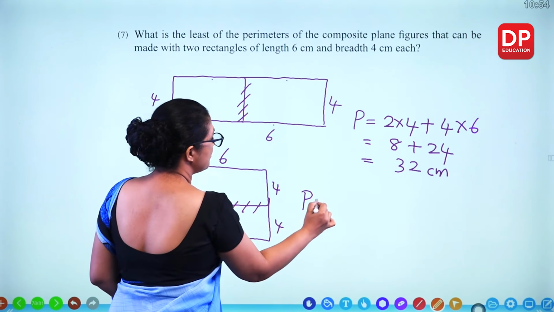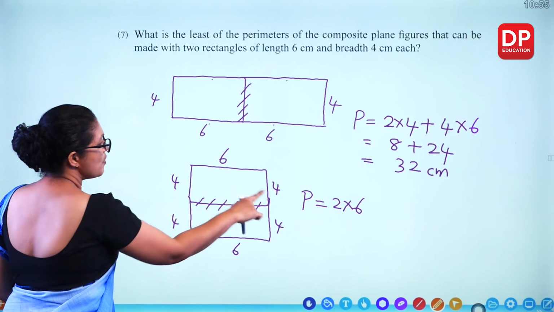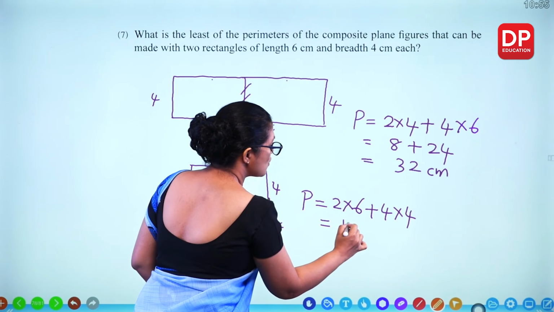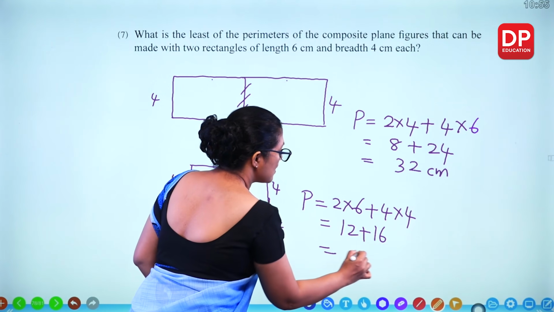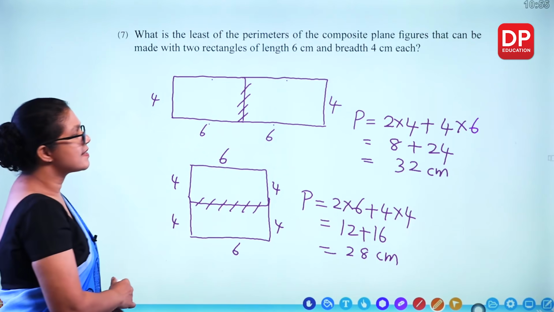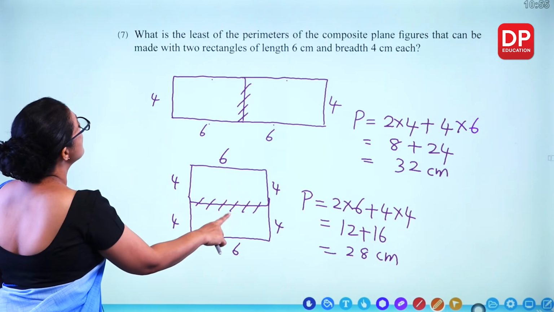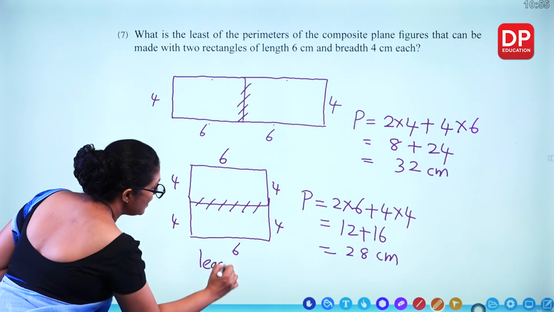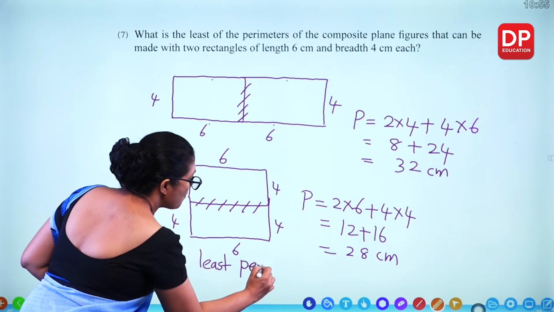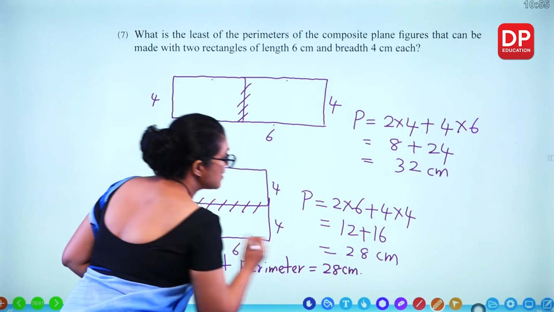What's the perimeter here? 2 times 6, and how many 4s are there? 4. 4 times 4. 2 times 6 is 12 and 16, 28. So we can see that this is the lowest value out of these. So the least perimeter is 28 centimeters.